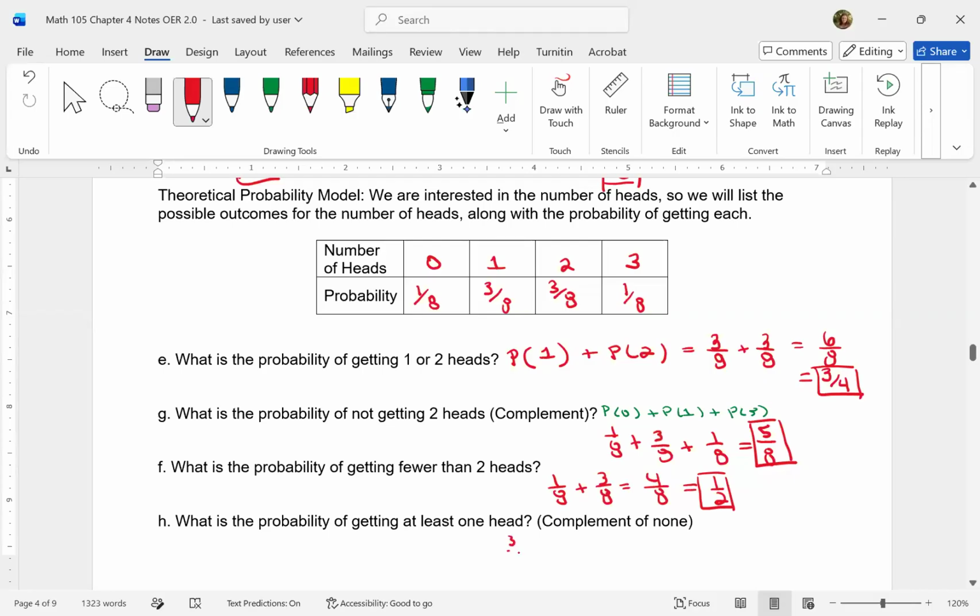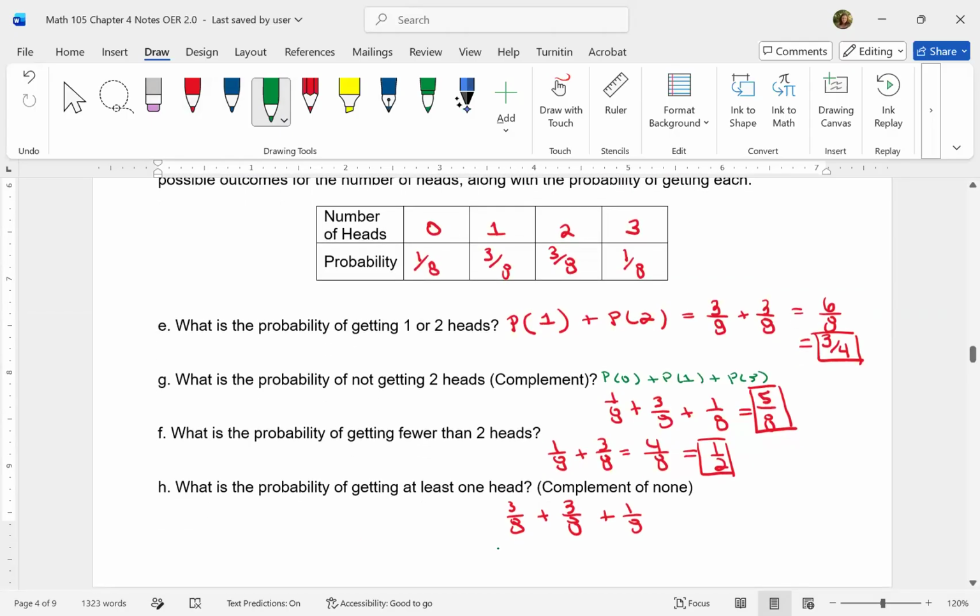So 3/8, 3/8, 1/8. Just to write the probabilities for these, we are finding the probability of 1 head, 2 heads, 3 heads. Okay, that comes out to 7/8.